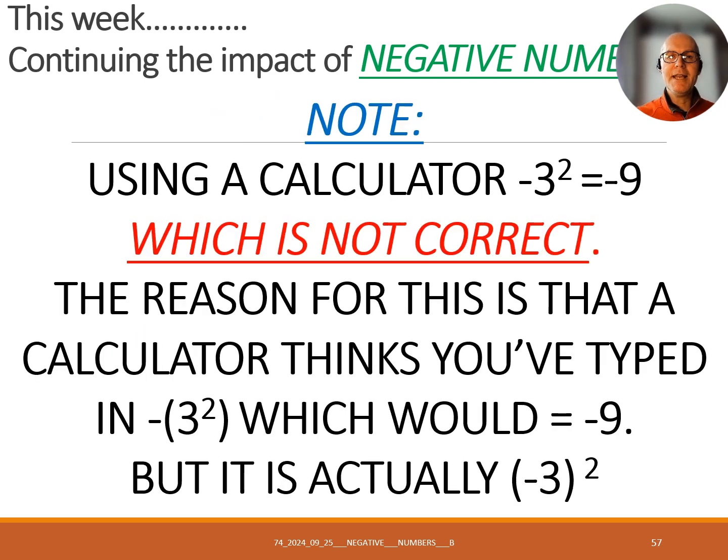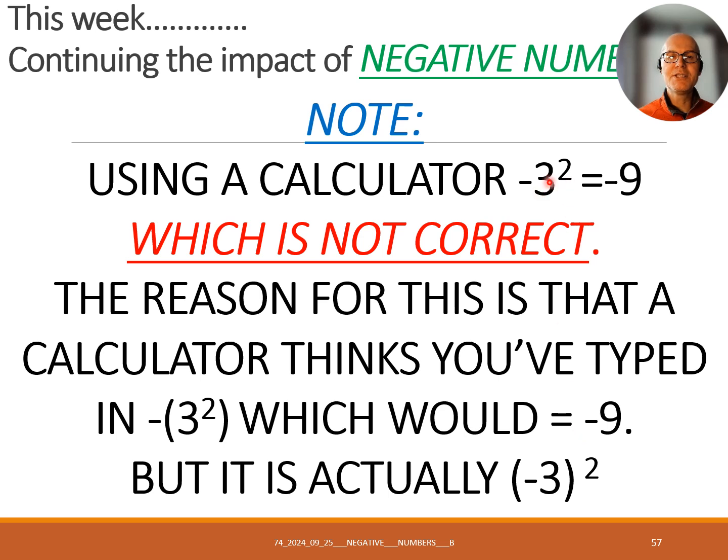Now, be very careful. If you type into a calculator negative 3 squared, it will give you the answer negative 9. Negative 9 is not the correct answer. The reason for this is that a calculator thinks you've typed in negative, open brackets, 3 squared, which would give negative 9.